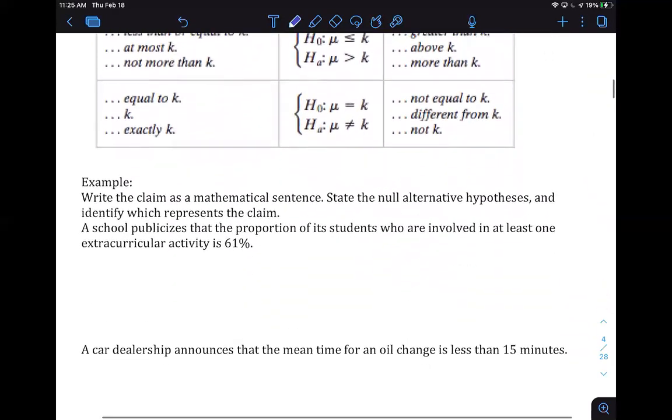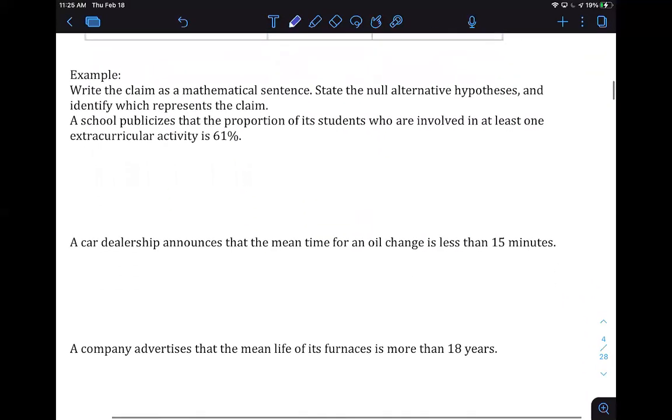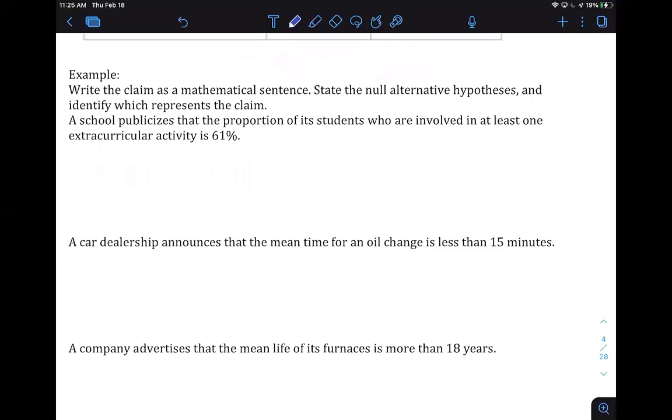If we want to write the claim as a mathematical sentence, then we state the alternative hypotheses and identify which represents the claim. A school publicizes that the proportion of its students who are involved in at least one extracurricular activity is 61%. So at least one. What would that inequality be?